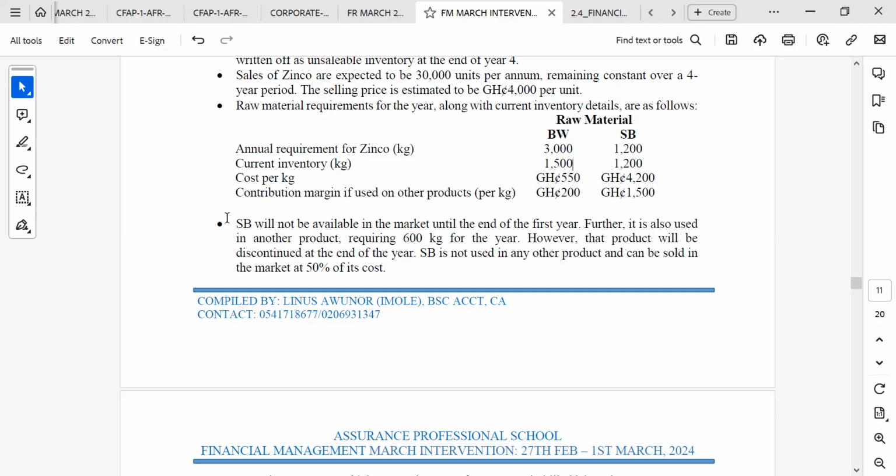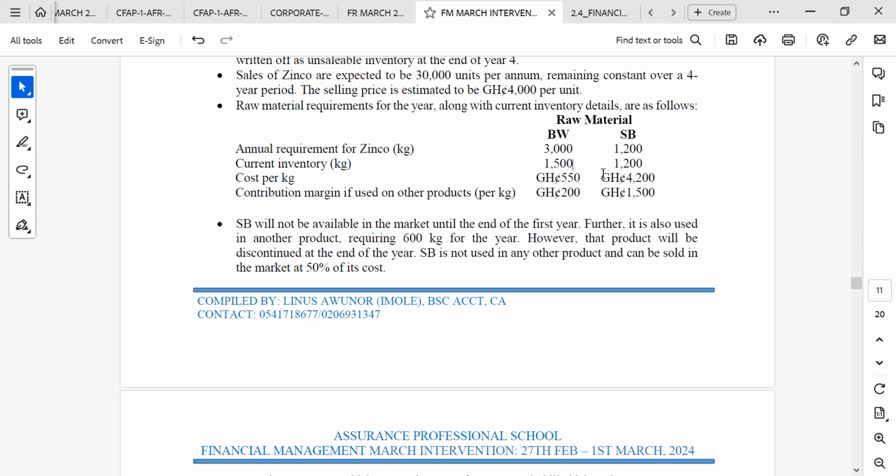However, that product will be discontinued at the end of the year. SB is not used in any other product and can be sold in the market at 50% of its cost.